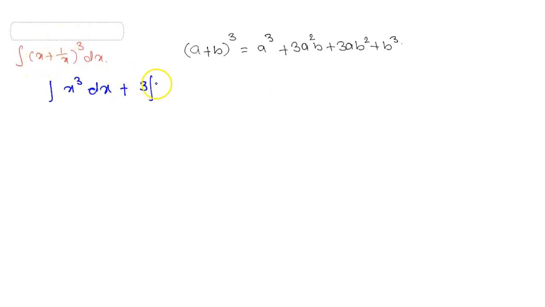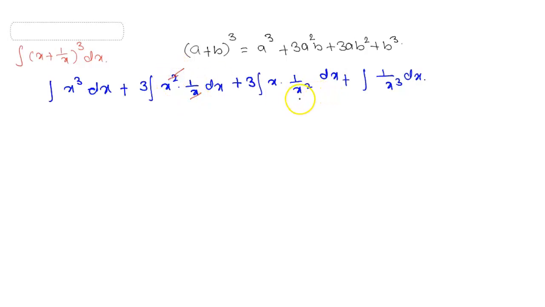The a value is x, so that is x square into 1 by x dx, plus 3 integral a b square, where a is x and b is 1 by x, plus integral 1 by x cube dx. So here we can cancel this square and this x, right? And here also this x and this square will get cancelled, right?